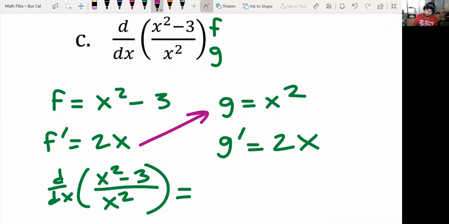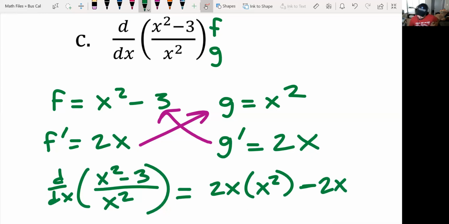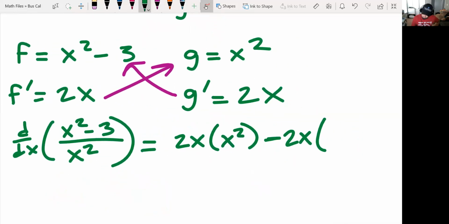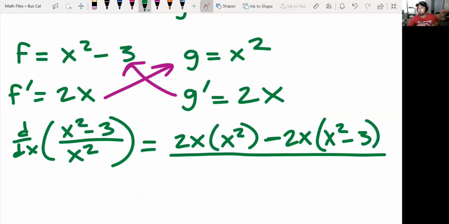So f prime g, 2x times x squared, minus g prime f, 2x times x squared minus 3, all over the original denominator of x squared squared. So f prime g, g prime f, all over g squared.